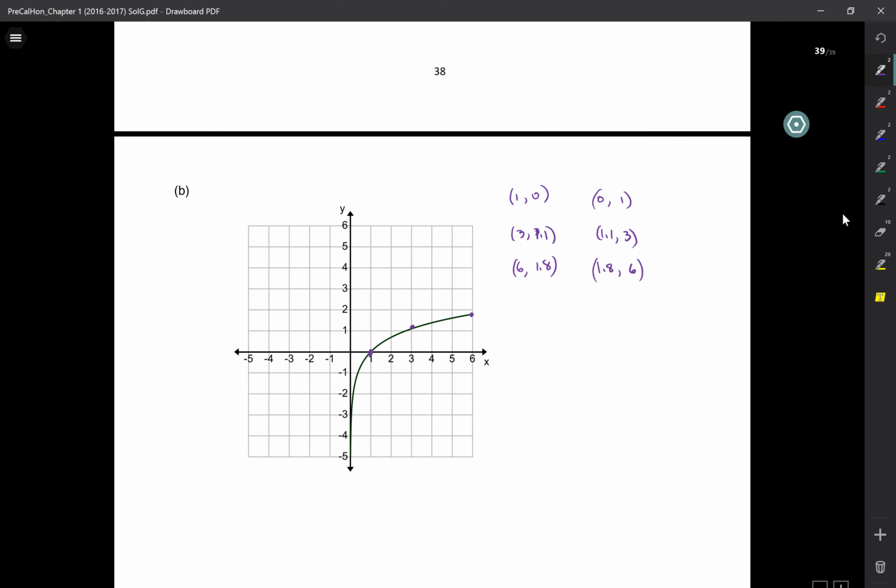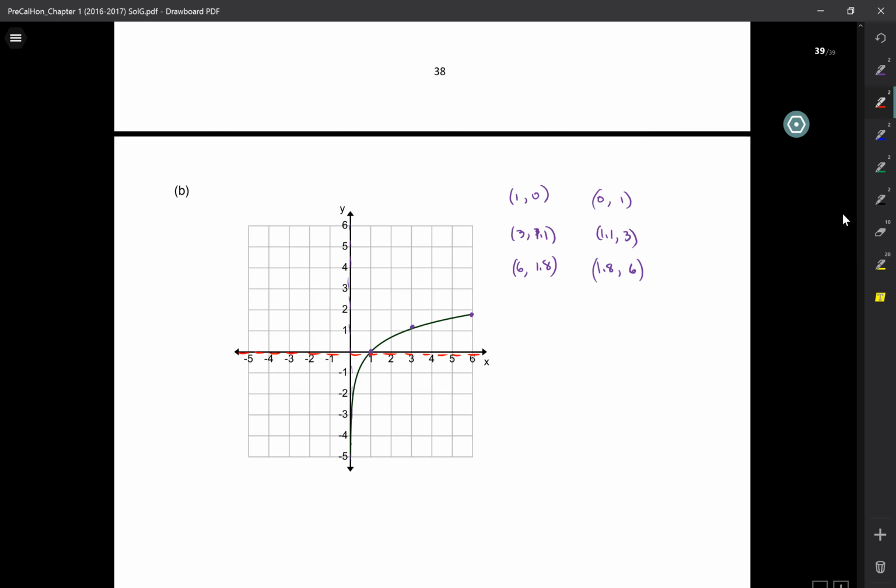Now, there's one other thing that switches, right? If x and y are switching, then the horizontals are becoming verticals, the domains are becoming ranges, and the asymptotes, right? If it's a horizontal, then it'll become a vertical asymptote, and vice versa. You notice here that the function has a vertical asymptote at x equals 0. Well, that will now become a horizontal asymptote at y equals 0.